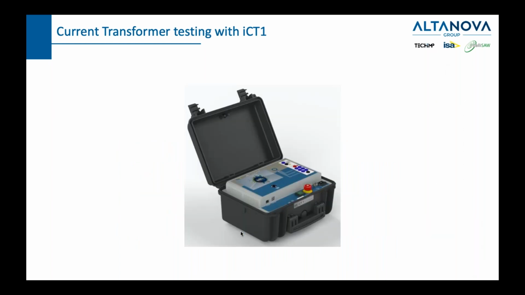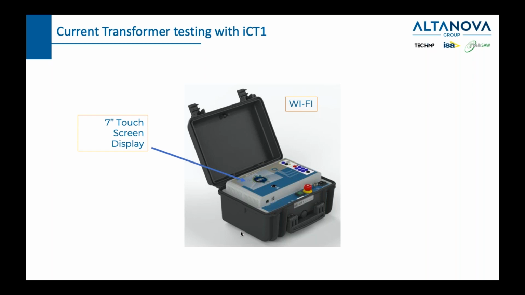So without any further ado, iCT1 uses Wi-Fi to communicate with your test set, with your PC. But actually, that is not necessary, especially if you are simply interfacing with iCT1 using a touchscreen display.